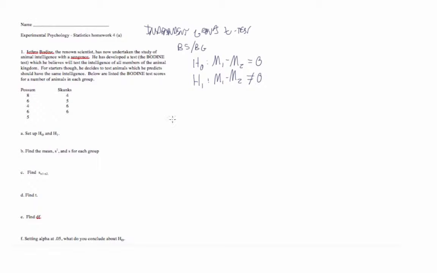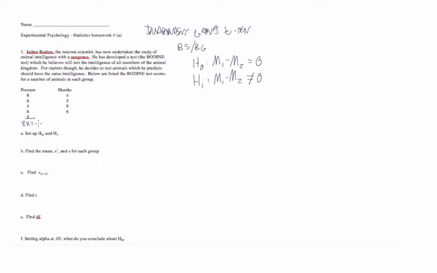Well, this is going to be another soup to nuts, start to finish kind of study because all we have is raw data. And so we need to find the mean, variance, and standard deviation for each group. So we will start with the possum group. We can start just by figuring out the sum of the raw scores for this group.